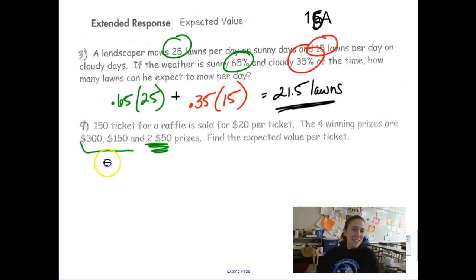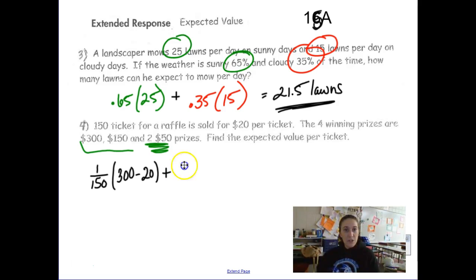All right, 150 tickets are sold, right? So you have a 1 out of 150 chance of winning $300. But you didn't actually win $300, because you paid for a $20 ticket, so you're really only winning $280. We'll get back to that in a second.